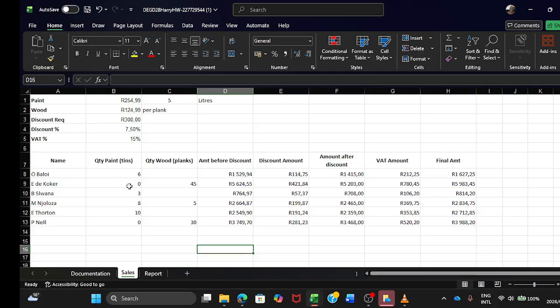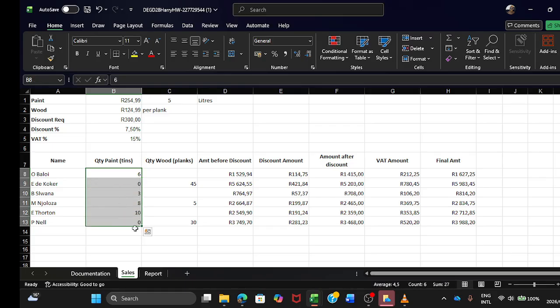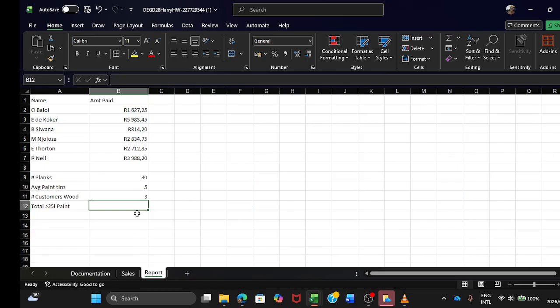This one is tins, right? This is the quantity, per 5 liter, per 5 liter, per 5 liter. That's the reason why I'm getting this negative answer. It's because I'm using customers, but I'm supposed to use this sheet, not that one.